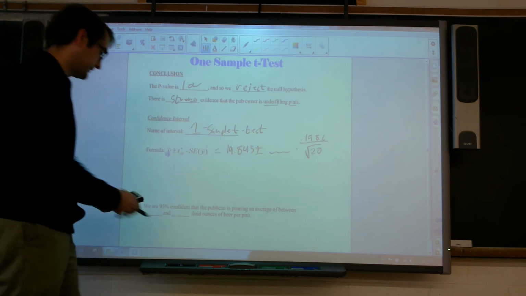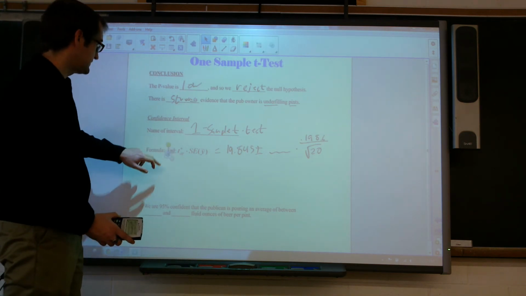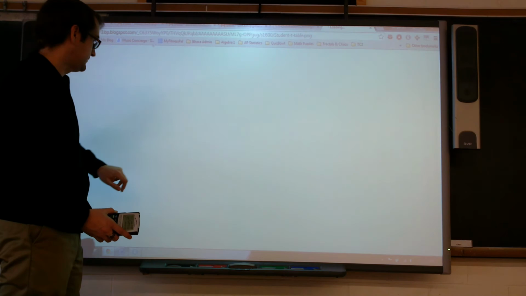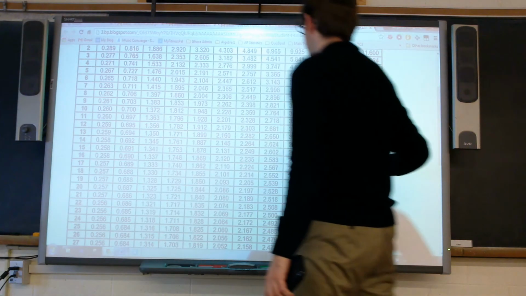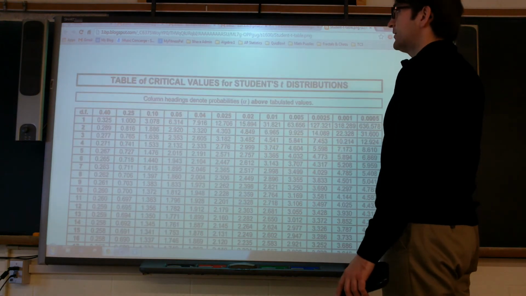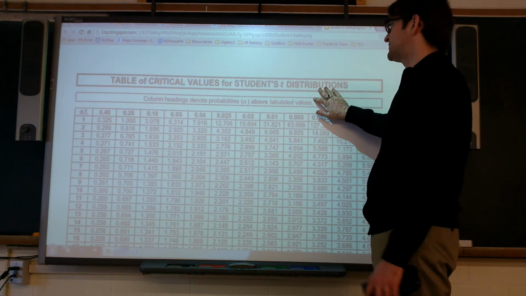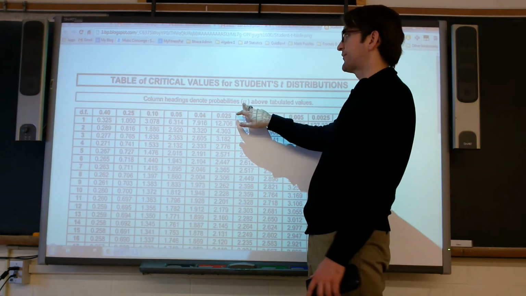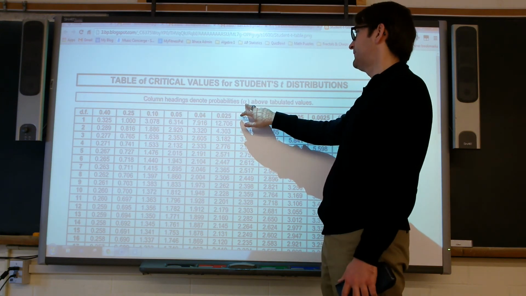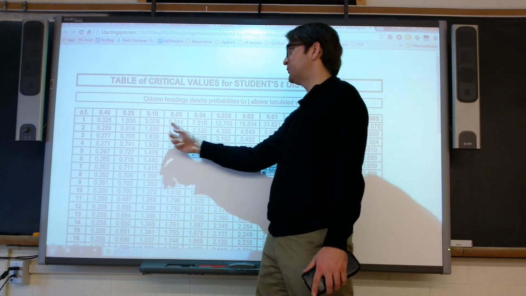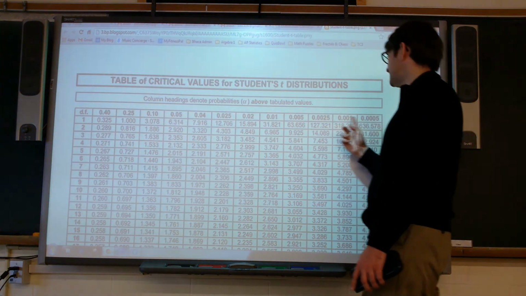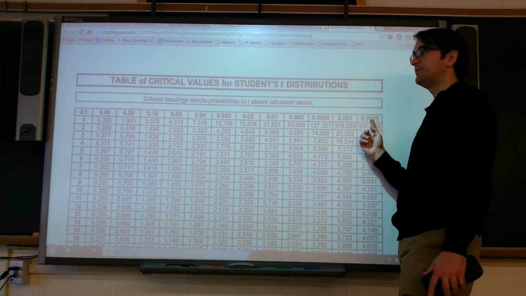This is a table of critical values for Student's t-distributions. Column headings are the probabilities, alpha, above the tabulated values: 0.4, 0.25, 0.1, 0.05, all the way down to 0.0005.